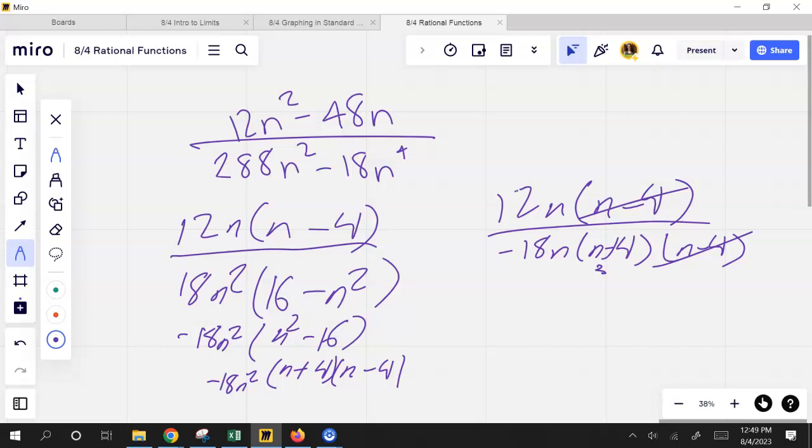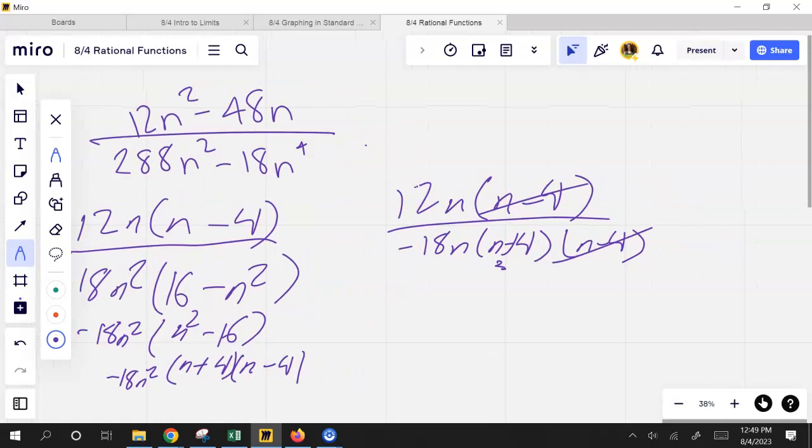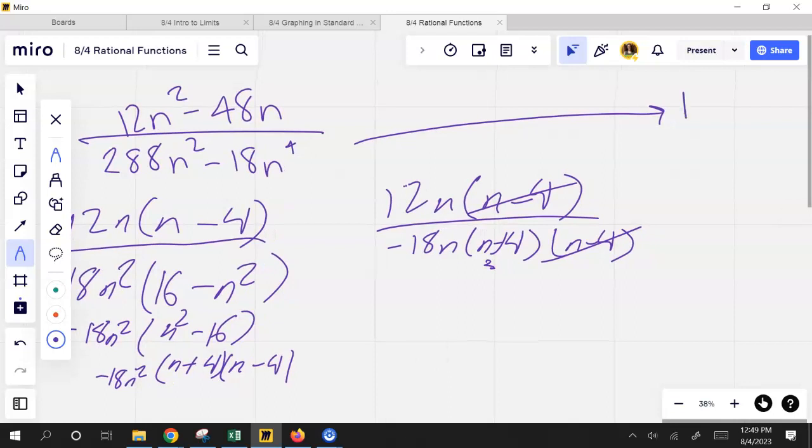Multiplication would end up being 12 over negative 18. It's supposed to be there. Okay. All right, let me take it from here.